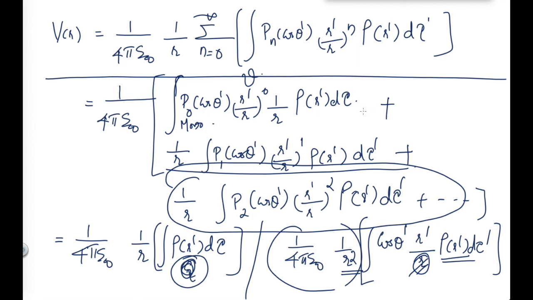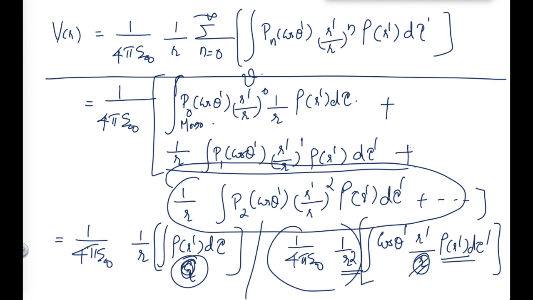But I find this the easiest one, because we are familiar with the generating function of Legendre polynomials. Even if you are more comfortable with the Rodrigues formula, you can use that, and you will still get the same expression. And P2 cos theta is actually 3 cos square theta minus 1 whole divided by 2, okay, so you can evaluate this.